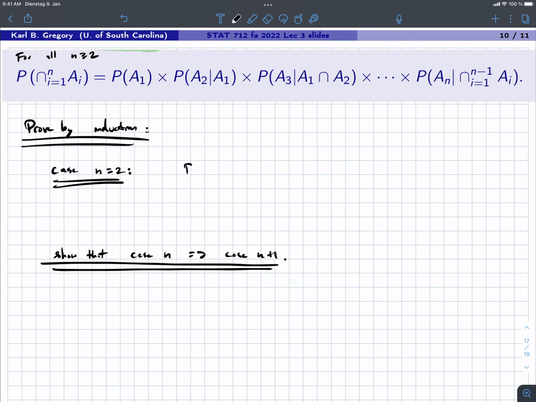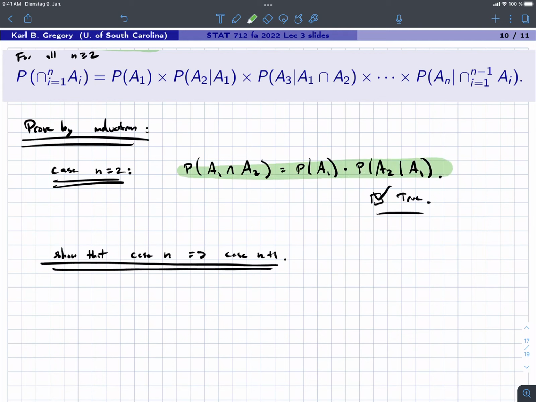So for n equals 2, I have just the probability of a1 intersect a2 is the probability of a1 times the probability of a2 given a1. So this is true by the definition of conditional probability. So we don't have any work to do here.